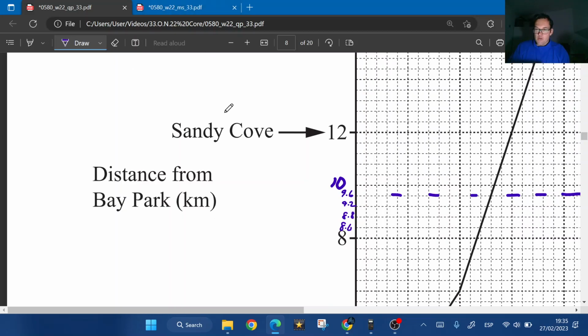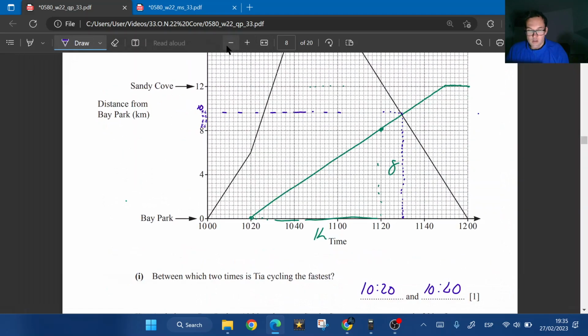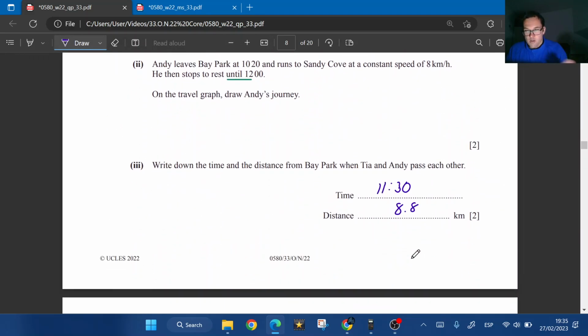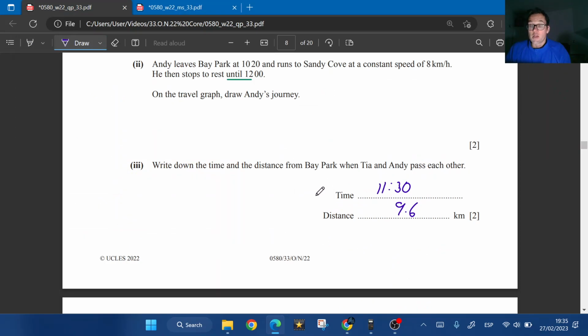So that's why the correct answer here would have been 9.6, in my opinion. Okay, so look carefully. That's a tricky one. They got 9.2 to 9.6. Look at it carefully.